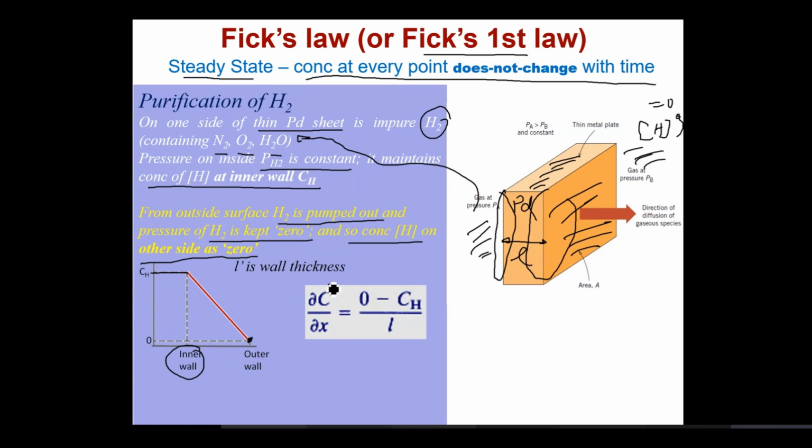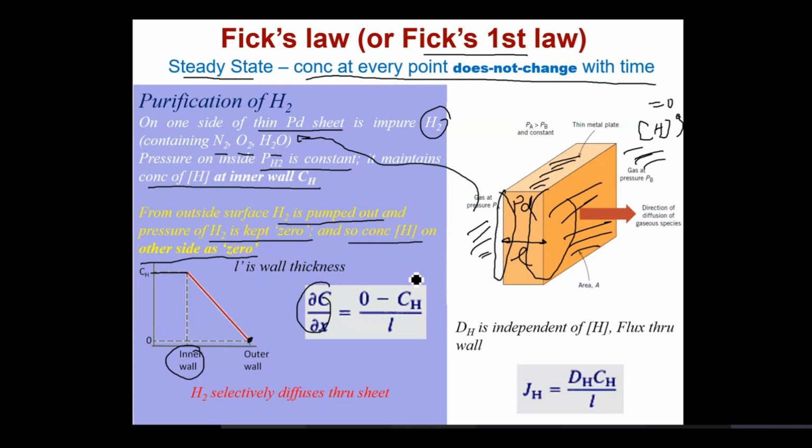This results in a concentration gradient of (0 minus CH) over L, and the hydrogen would selectively diffuse through the wall. That means the flux would depend upon the diffusion coefficient of hydrogen within the platinum sheet and the concentration gradient, which is CH over L. So now you have forcefully created a gradient. You get the point? Is this clear?